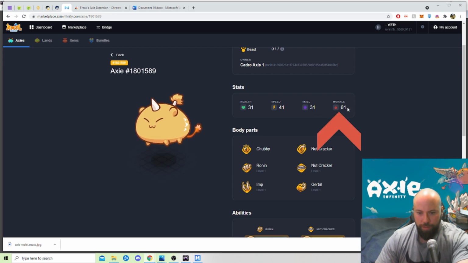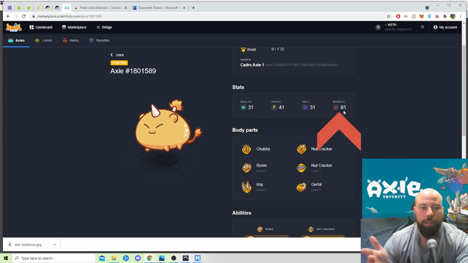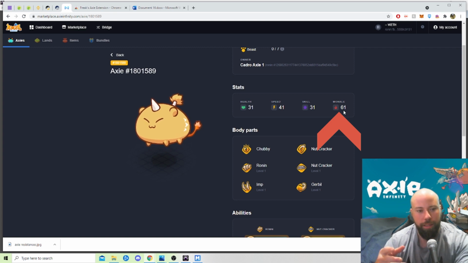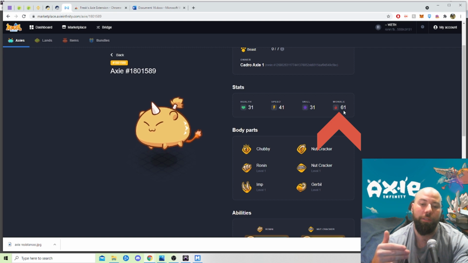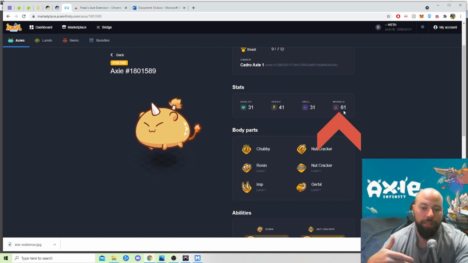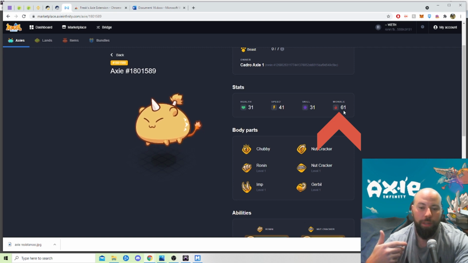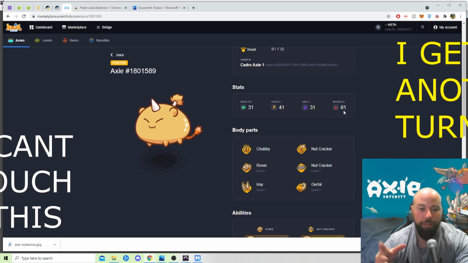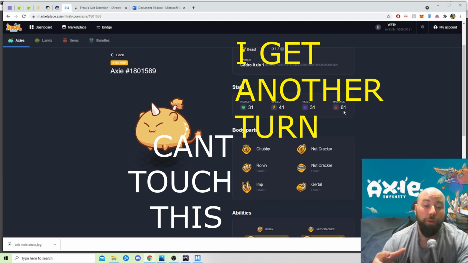And then morale, this is a cool one. This essentially helps increase your critical strike rating, and it makes you enter something called last stand when you take a certain amount of damage. If your morale is higher than the damage you took, divided by a certain number, then you go into a last stand and you get another go, or another few turns.